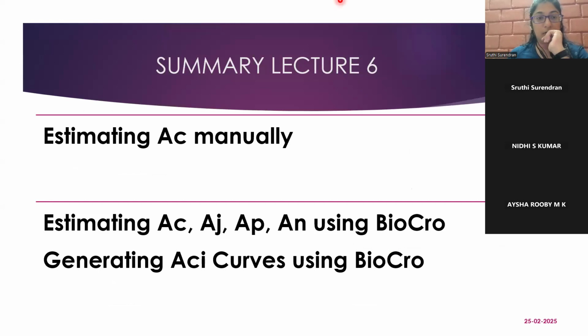In the previous lecture, we had estimated the value of Rubisco limited photosynthetic rate using the module in BioPro. We also explored generating some A-Ci curves using BioPro and how to plot these curves, and what the different functions in R are that help in finding out information about the module and generating these module response curves.